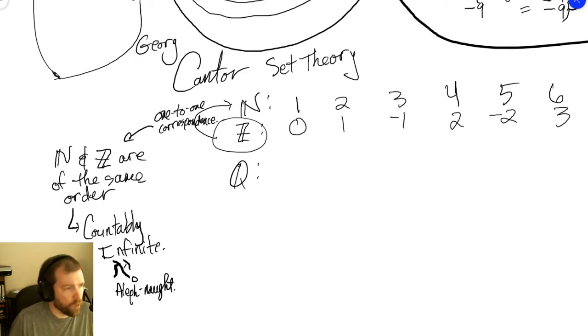So this particular order is called Aleph Knot, and since the integers are technically a proper superset, they are bigger in that they have more elements, but then you could say, well, I can put it in a one-to-one correspondence. So they are both countably infinite. They are of the same order, even though literally one of them has more things.